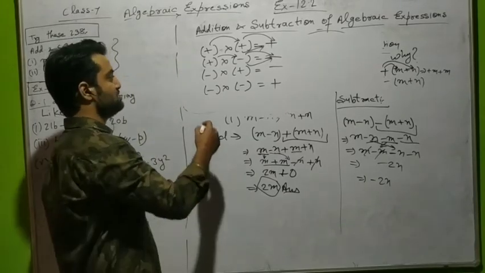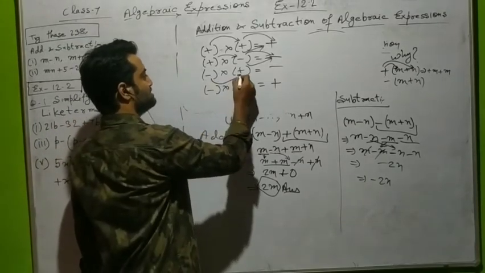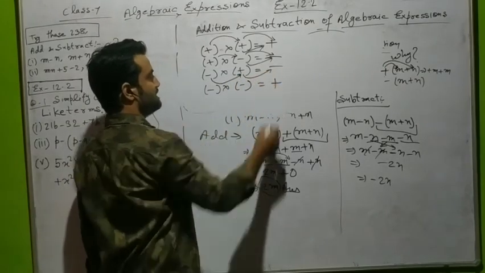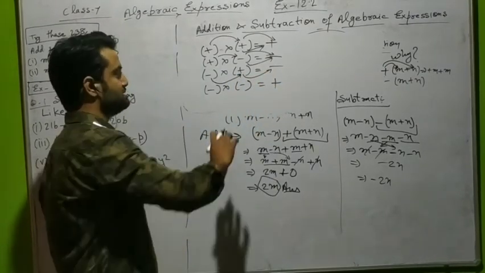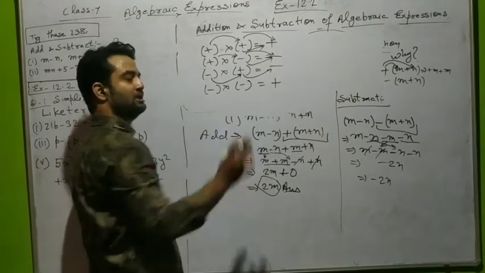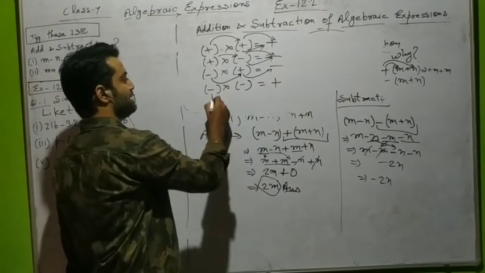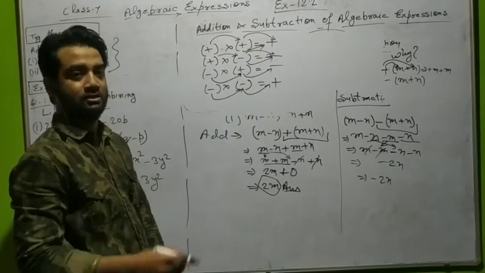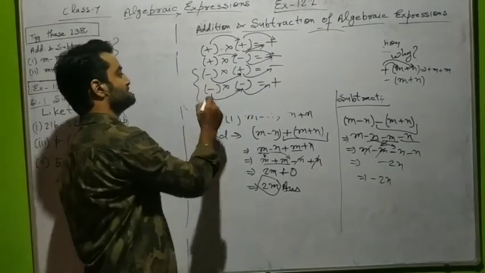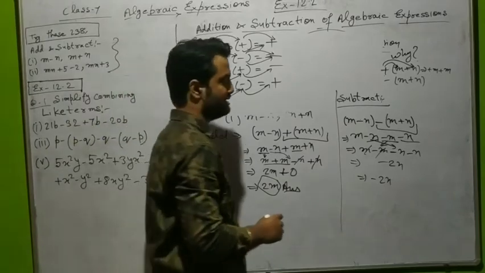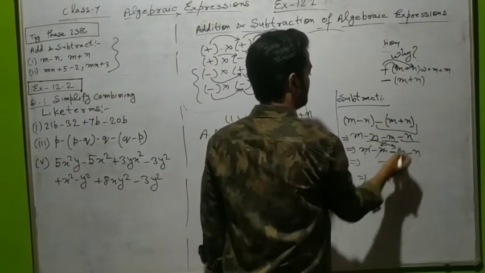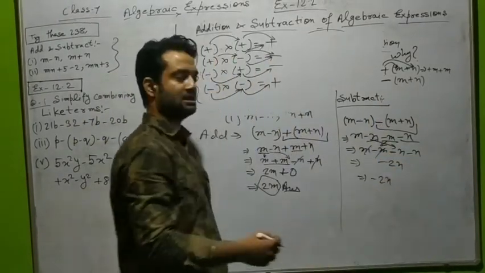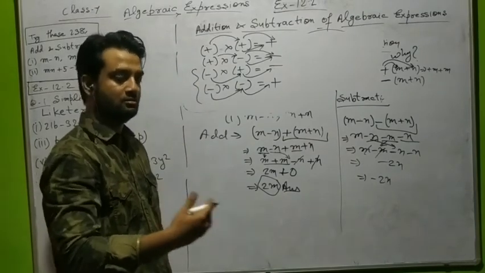But if you see here, when negative multiplies with positive, it makes it negative, meaning positive is changed into negative. Now when negative is multiplied by negative, it converts into positive. Due to this property of the negative sign, when there is a negative sign outside the bracket, the signs inside the bracket are changed when we open the bracket.